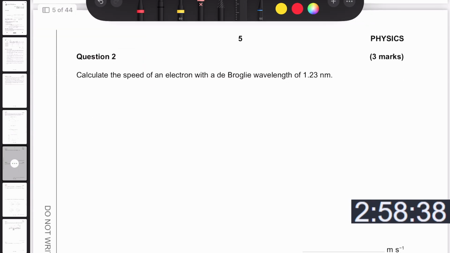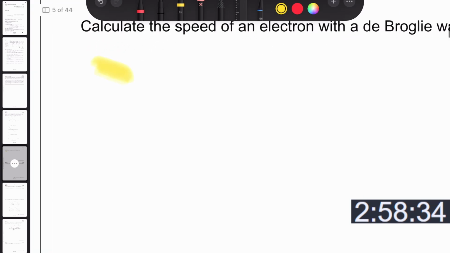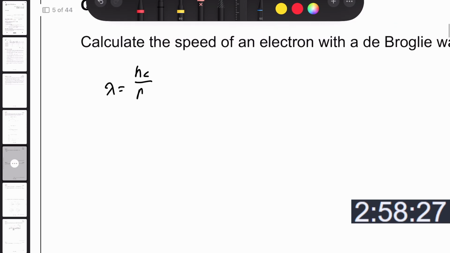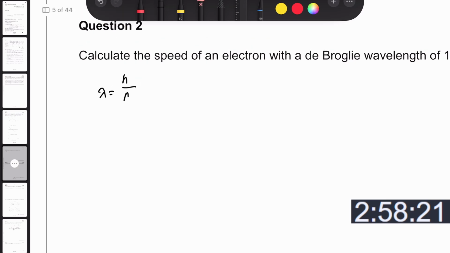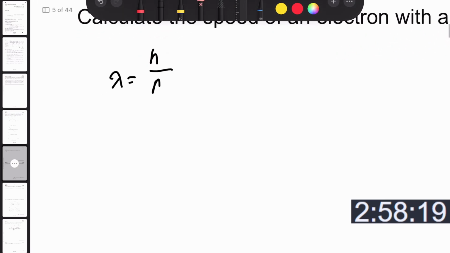Calculate the speed of an electron with a de Broglie wavelength of 1.23 nanometers. So that's the wrong thing. Lambda is equal to hc all over p. Wait, no, it's just h over p, isn't it? Yeah, h over p. We want electron, so it's equal to h over mv.